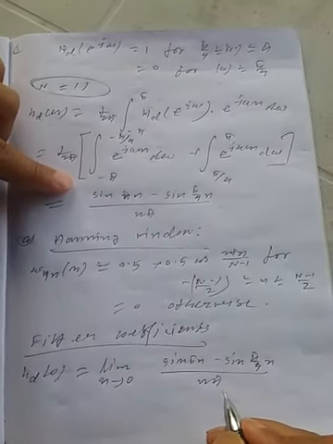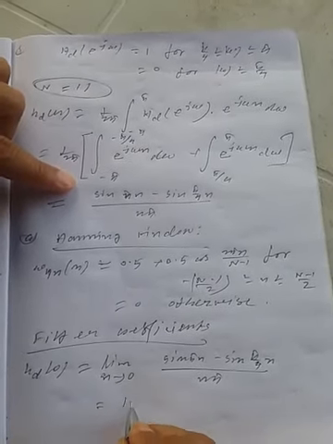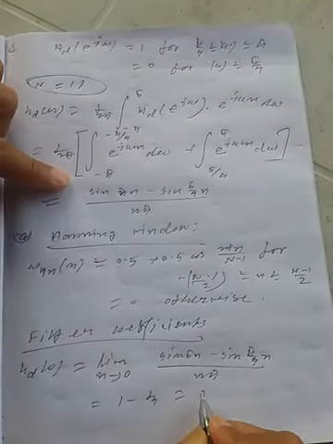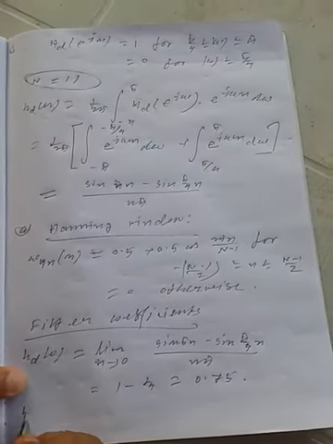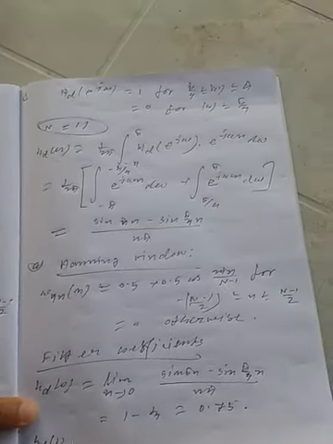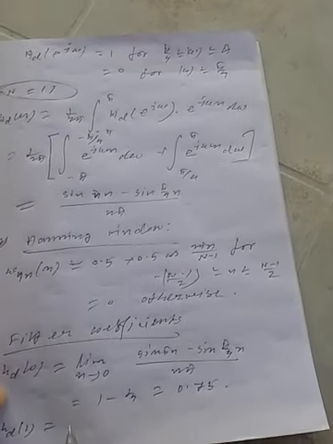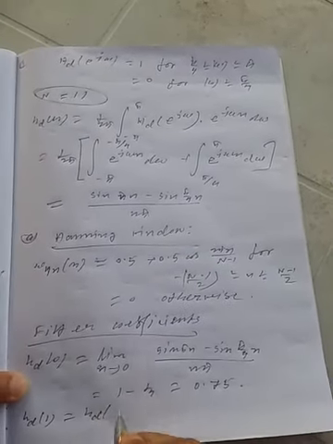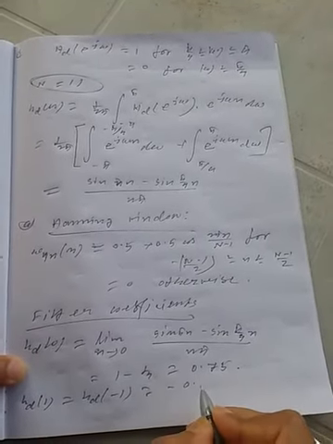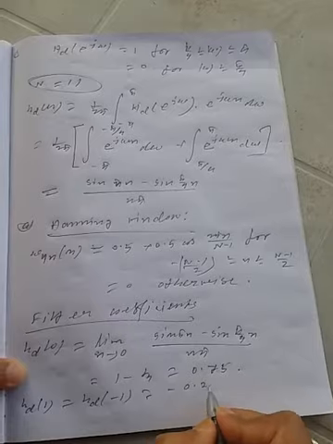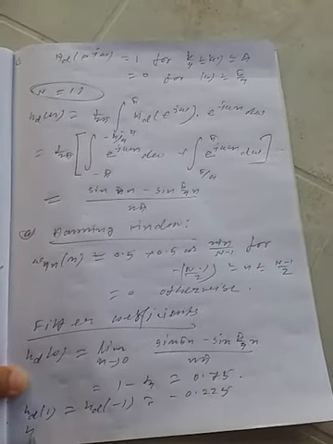So that will be equal to 1 minus 1/4, that is equal to 0.75. Now, this way we can find HD(1) equal to HD(−1), because this is a symmetric filter, so that will be equal to 0.225.